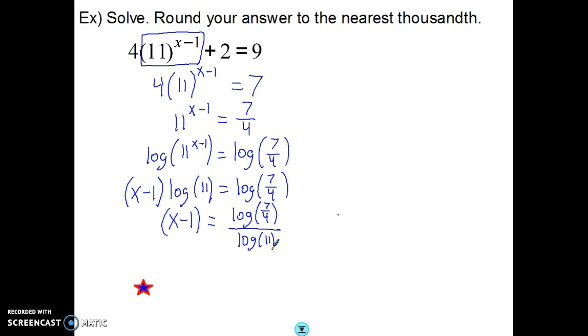X will come out to be the log of 7 over 4 over log of 11 plus 1. And again, I believe when you go ahead and do all that math out on your calculator, you should get this number right here, which is 1.233.